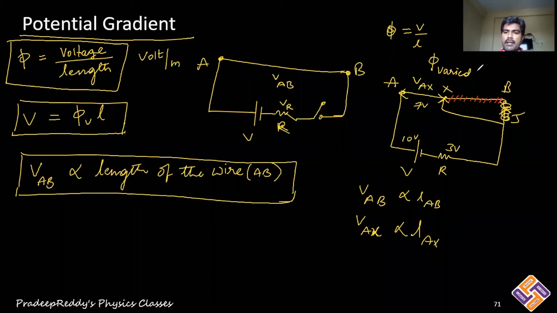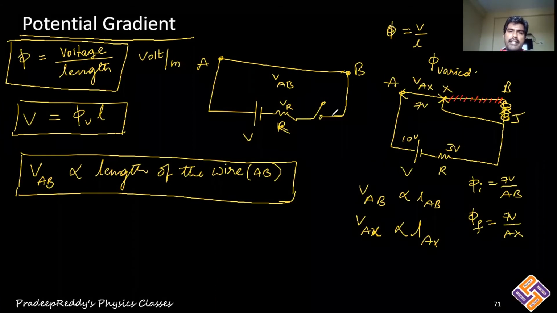What is phi initial? Phi initial is equal to 7 volts divided by length AB. What is phi final? The same 7 volts is dropped across the length AX. So as length is variable, voltage remains constant, and potential gradient is changed. If length is maintained constant, potential gradient will vary with respect to applied voltage. So understand that concept clearly. That is what potential gradient means.